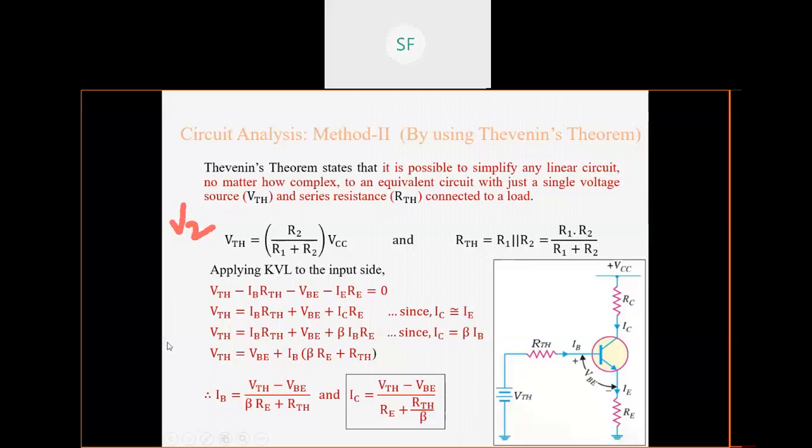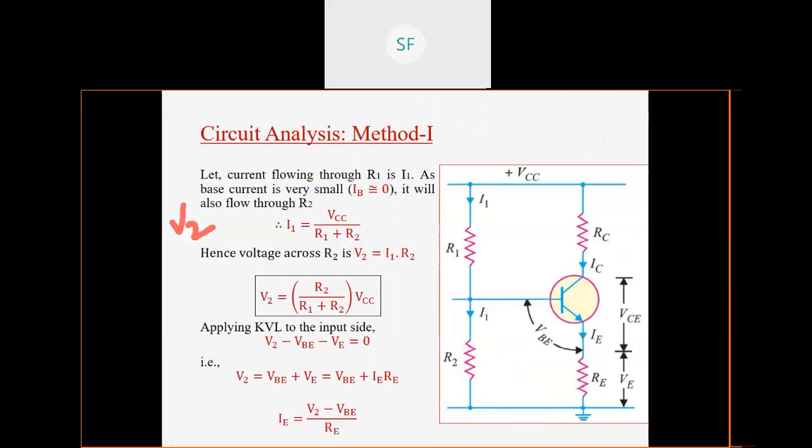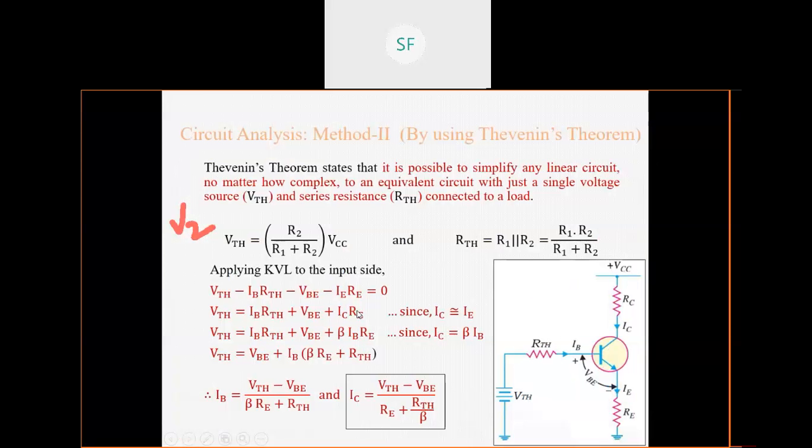Just let me show it for you guys. See here, this is in method 1, V2 equals R2 divided by R1 plus R2 into VCC. Same problem, same formula is here also. So V2 and VTH are equal.